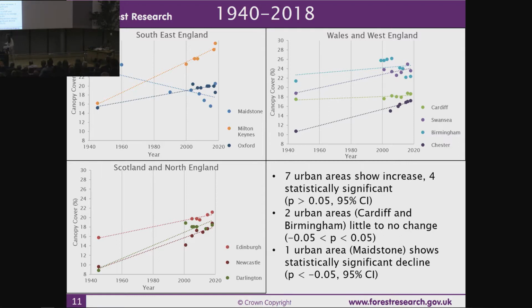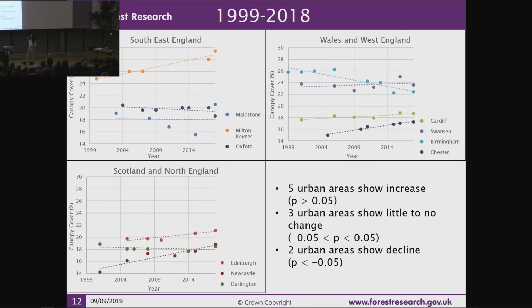So this gives the overall view of the 78 years that we analysed for all of the cities. But I do think it's worth zooming in a little bit to the last 20 years. We've got the same regions here for easy reading, and this does show a bit of a different story.